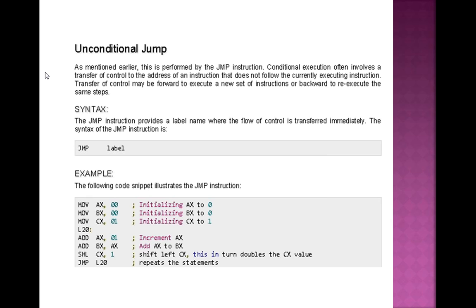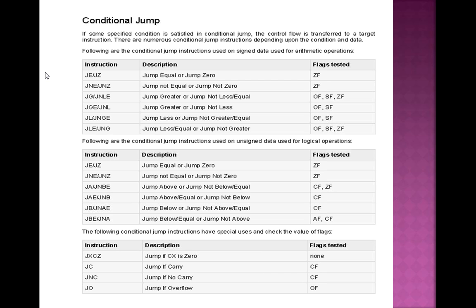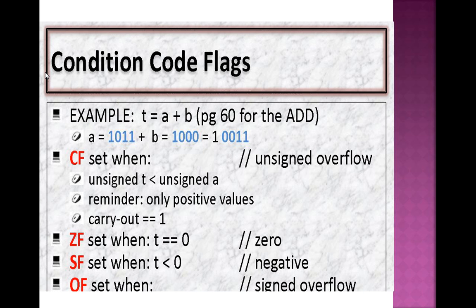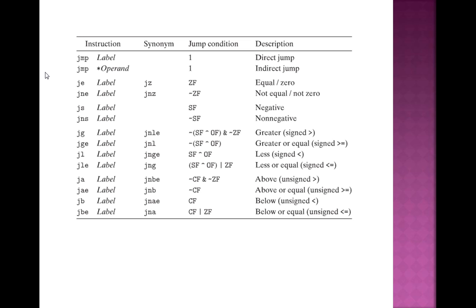Then there is unconditional jumping that is used for jumping unconditionally. These are the multiple conditional jumps. Then we also talked about the jump statement, how we can jump from one location to another location. Then we also talked about the condition code flags.